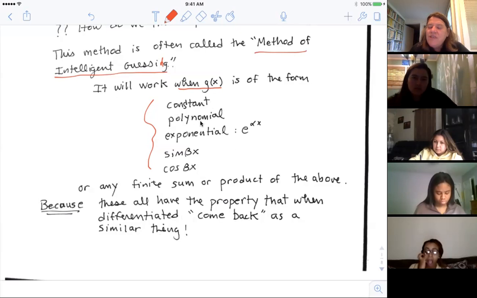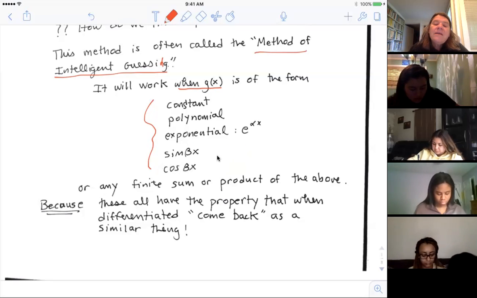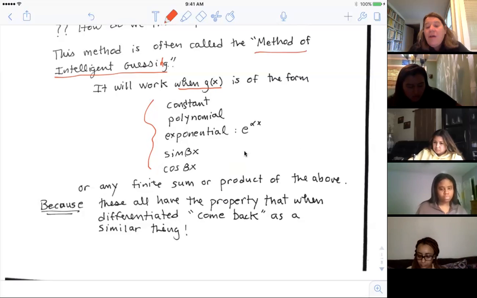If you differentiate a polynomial, you get a polynomial of lesser degree, one degree less for the first derivative, for example, but it's still a polynomial. If you differentiate an exponential, you get an exponential back. Sine and cosine work together. If you differentiate a sine enough times, you get the sine coming back to you.